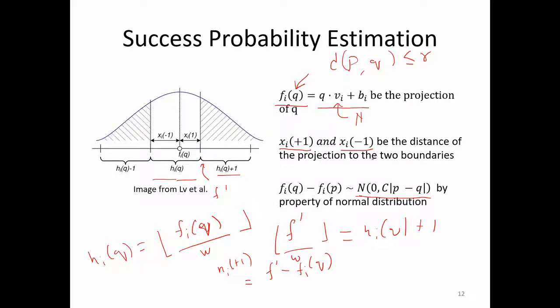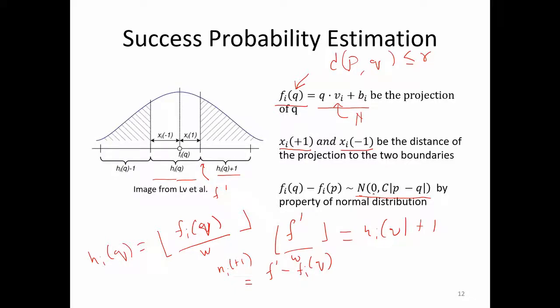So you can just do some calculation here and check that this will indeed be Gaussian, with mean 0.